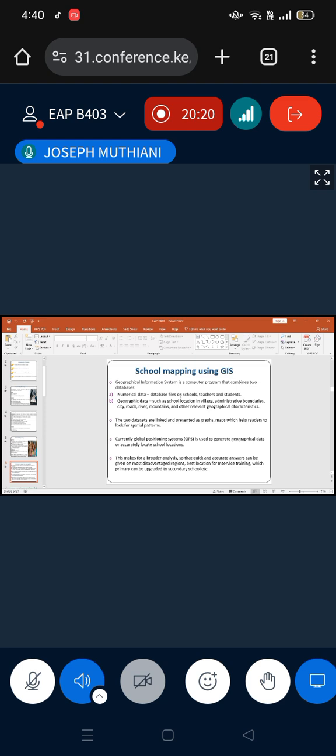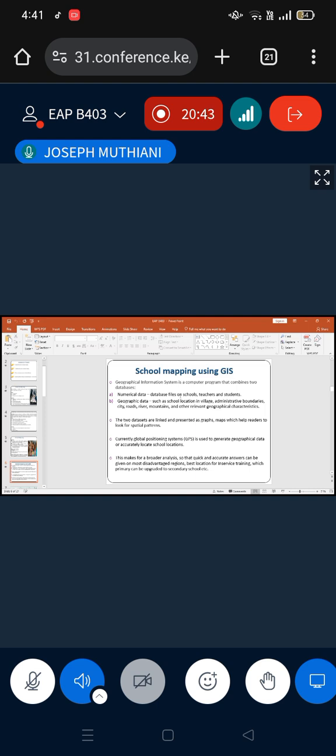This comes in terms of physical features like administrative boundaries. This school is located in, let's say, Kilifi North, Kibaoni, and so on. Roads: Pwani University is located along the Mombasa-Malindi Highway off Kibaoni Road. Those are physical features that are constituted in the geographical data.